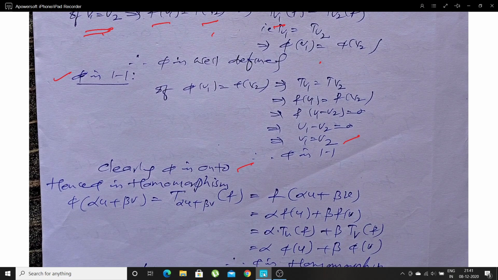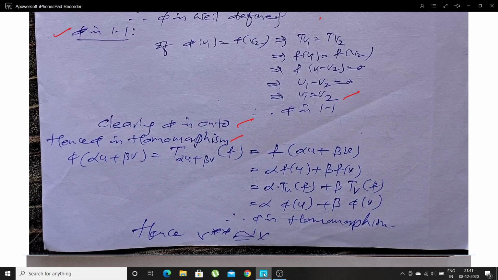Since it is one-one and onto, and the linearity condition holds good, the mapping is a homomorphism. Now, the next point we have to complete is to show that the homomorphism property holds good. If it holds good, that means it is isomorphic.